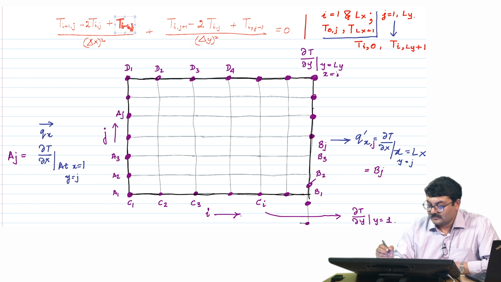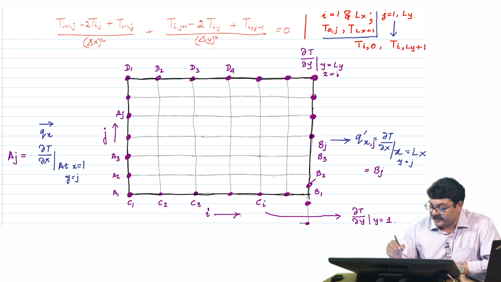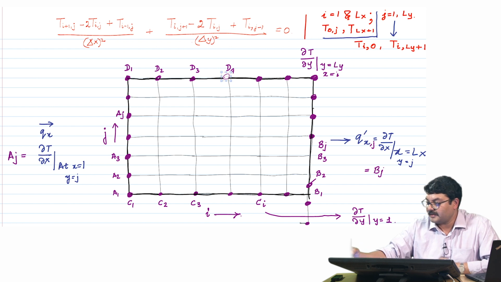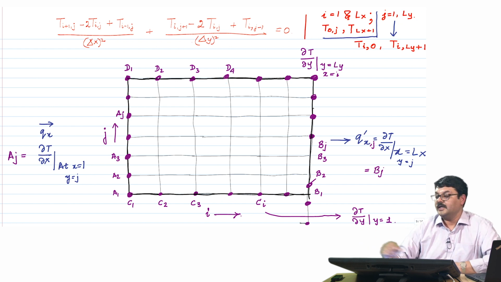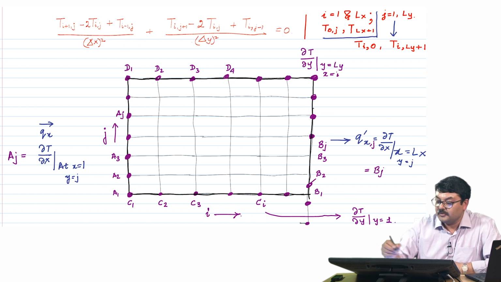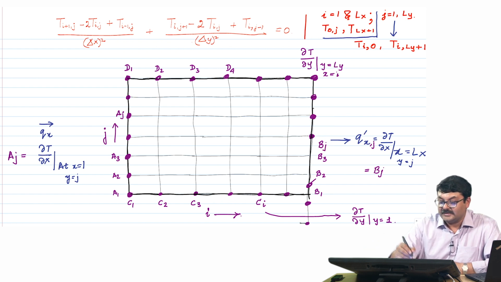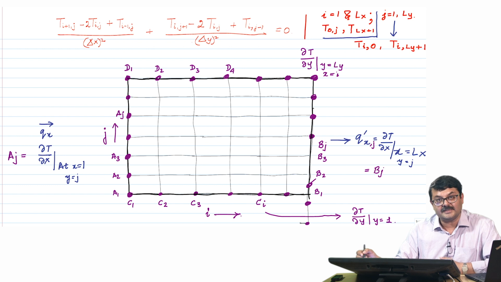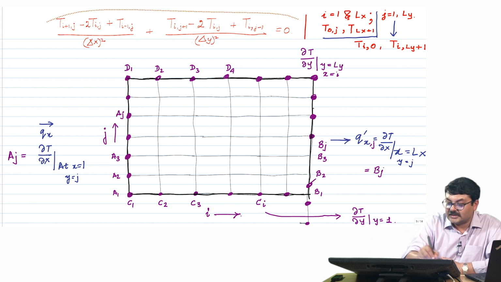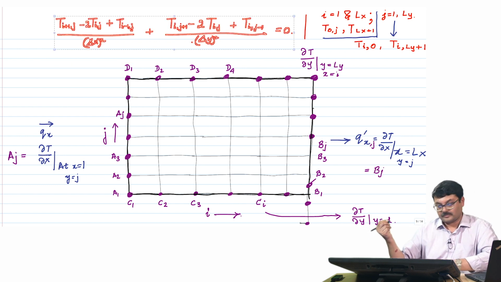Similarly, if you were writing for j equal to 1, or when j equals Ly, you would have j plus 1, which is outside the lattice. The question is how do we solve for this.